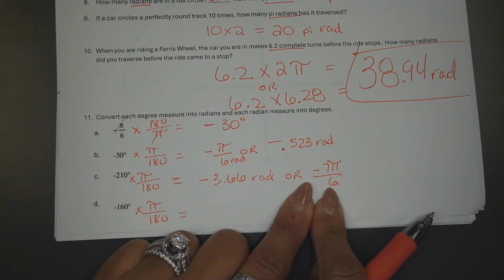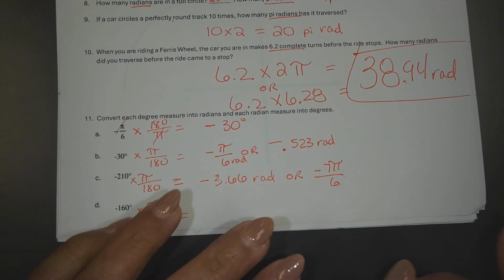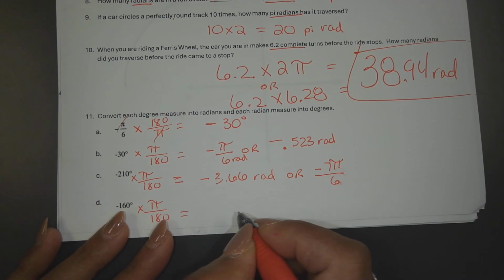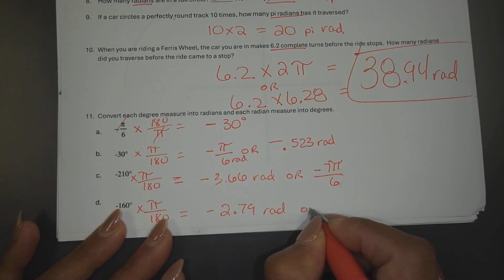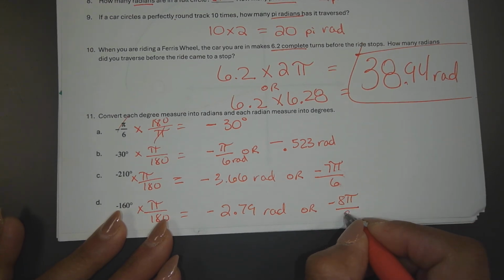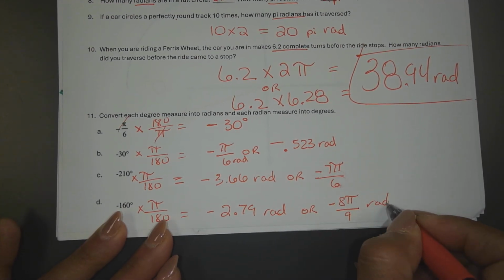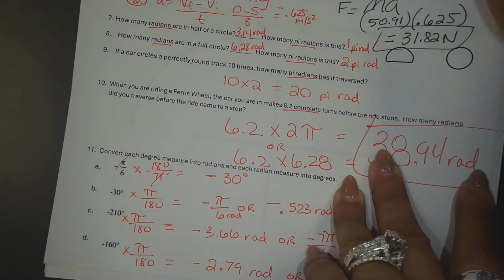This is just pre-cal. This is physics. Okay? That's the only difference between that. Over here, negative 2.79 rad or negative 8 pi over 9. Either way, again, they are the same thing. Okay? And then after that, I think there was one more page.